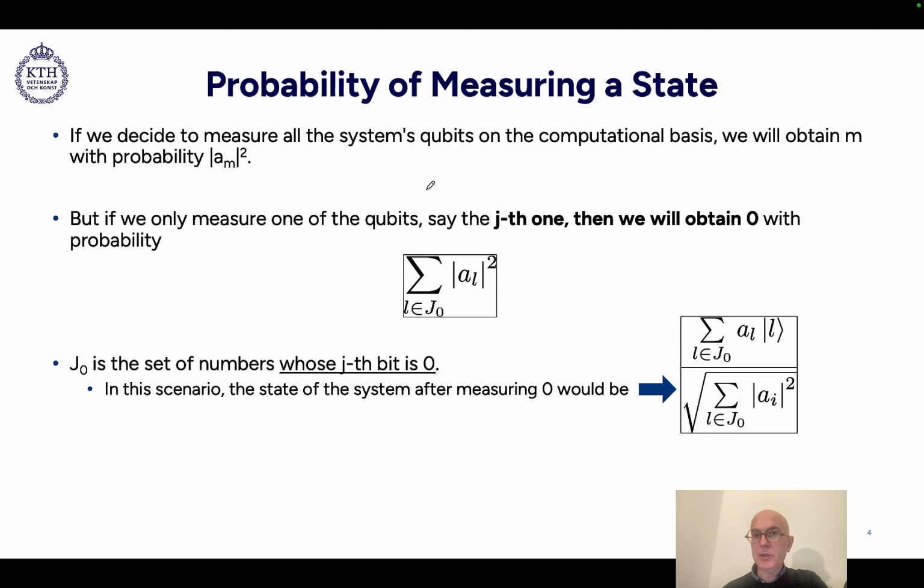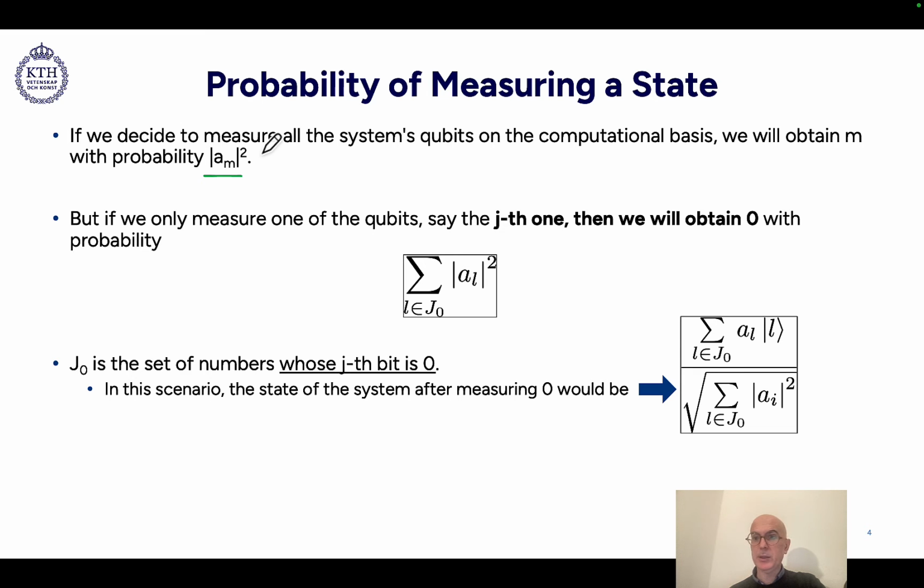If we decide to measure all the system qubits on the computational basis, then we will obtain probabilities for each state that is calculated as the squared modulus, as I said in the previous slides. It becomes a little bit more complicated if we only measure one of the qubits, let's say the jth one.